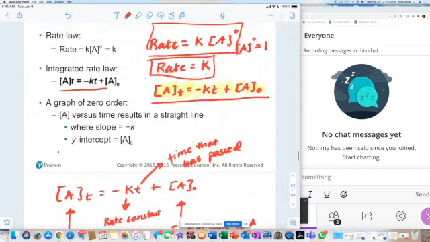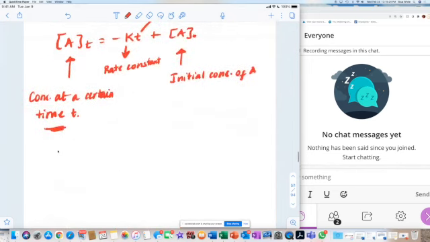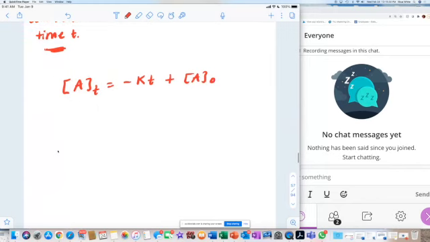I also want to show you the graphical form. Since we have a linear equation, how do you get a graph from that? For a graph of zero order, A sub t equals negative kt plus A sub naught. This translates into y equals mx plus b.